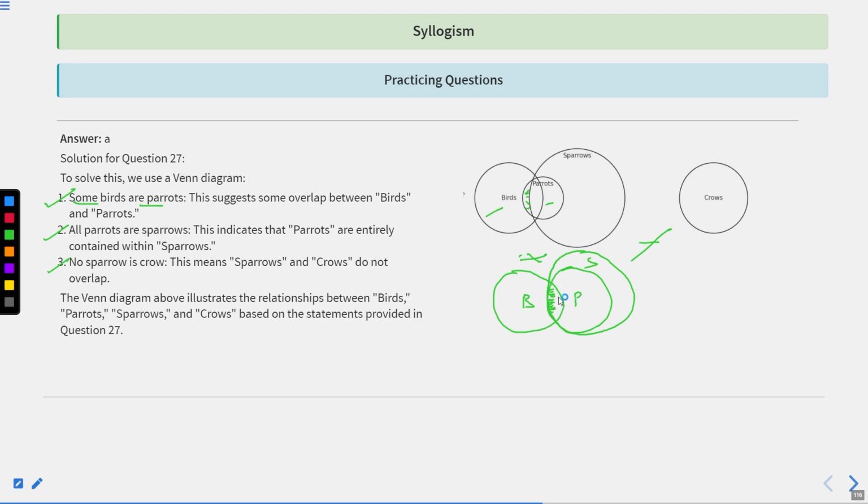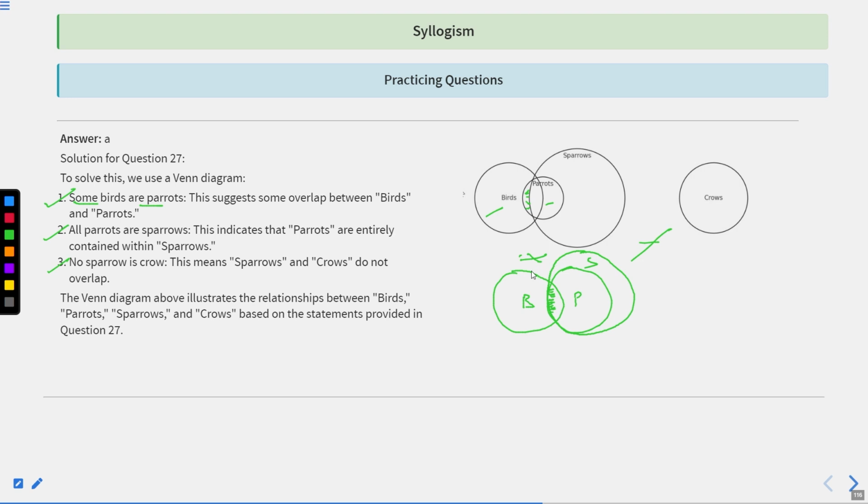So those parrots which are birds could be sparrows also. That is a possibility that we can say. Obviously, that can be inferred because there is an intersection and all the parrots are sparrows. So some birds who are parrots will also be sparrows.